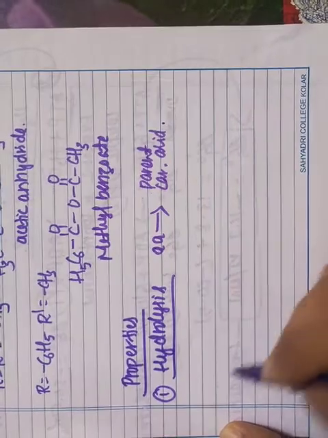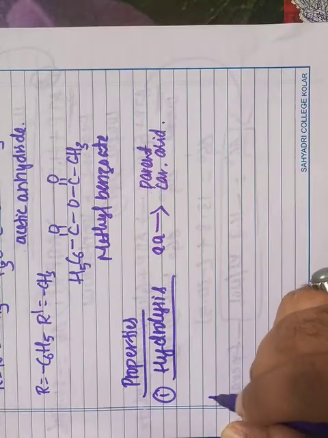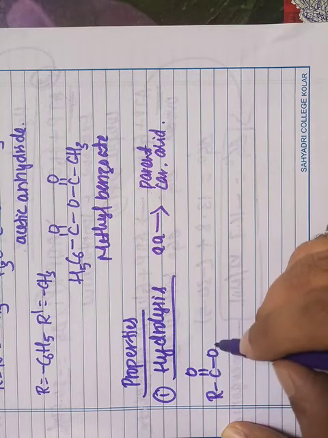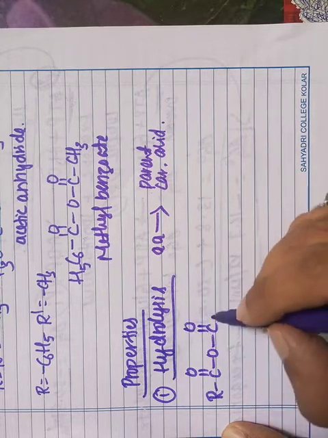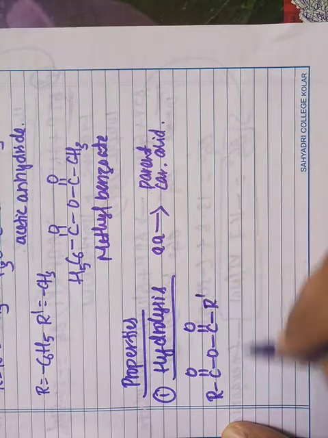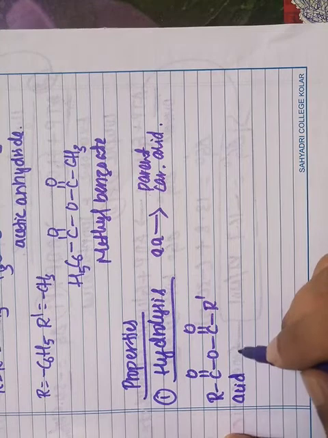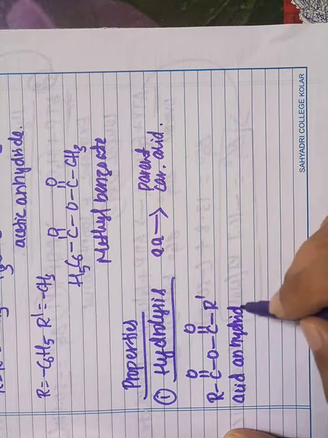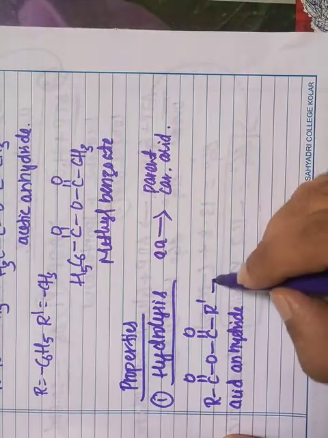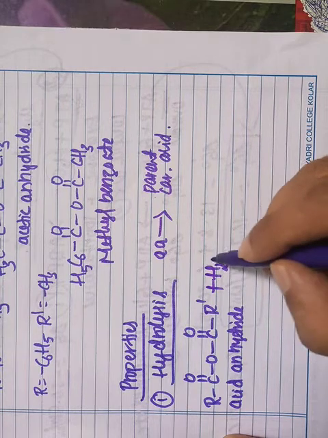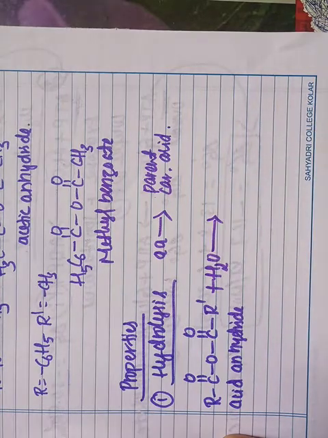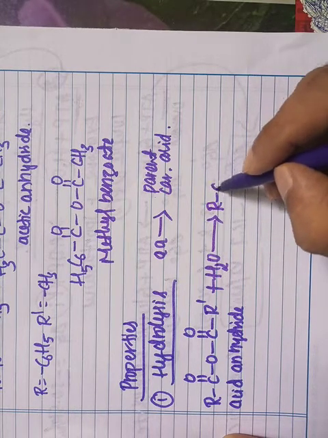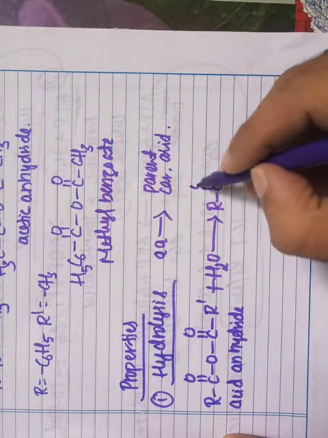So let us write its general reaction. So this is the acid anhydride. When it undergoes hydrolysis, we know that they will form their parent carboxylic acid.